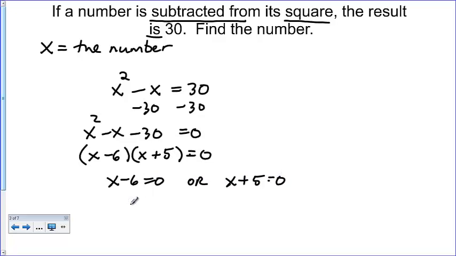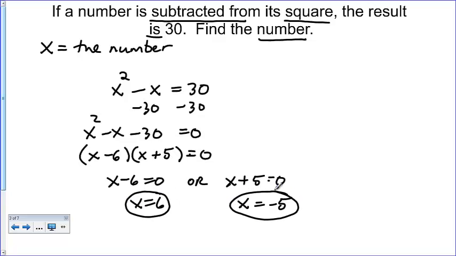Solve both of these equations and I get x equals 6, or x equals negative 5. So although it said find the number, there are actually two possible answers: x equals 6 or x equals negative 5.